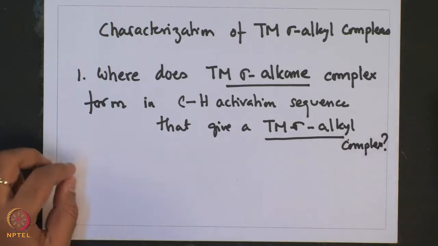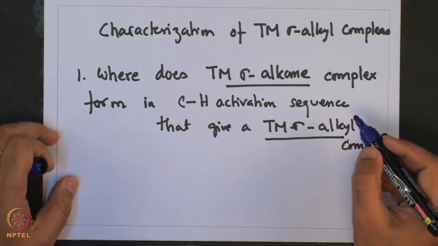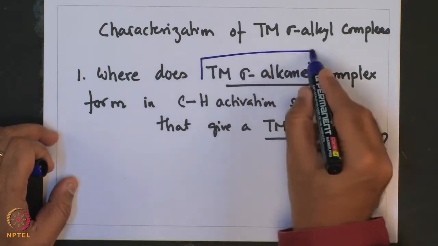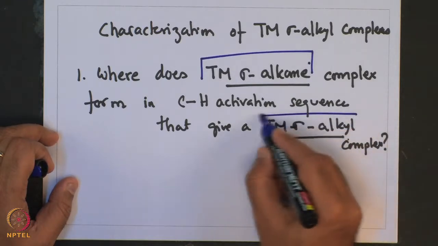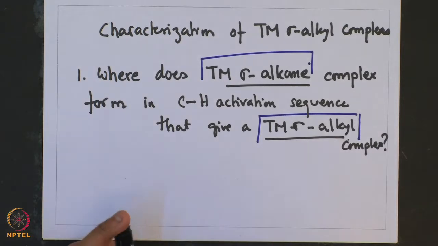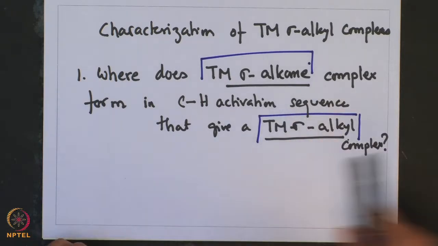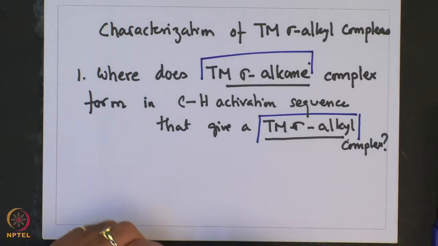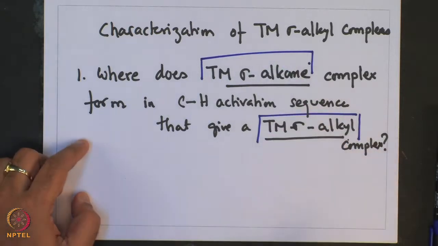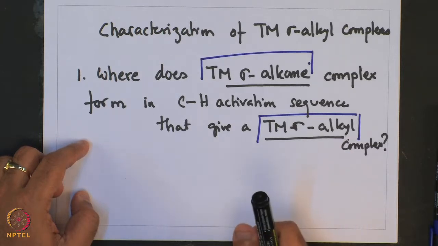So, please note that there are two different complexes over here. One is the transition metal sigma alkane complex, the other one is the transition metal sigma alkyl complex. Now, in this alkyl complex, what is interesting to note is that oxidative addition has occurred, whereas in the transition metal sigma alkane complex, the splitting or activation of the C H bond has not occurred, but weakening of the C H bond has occurred.